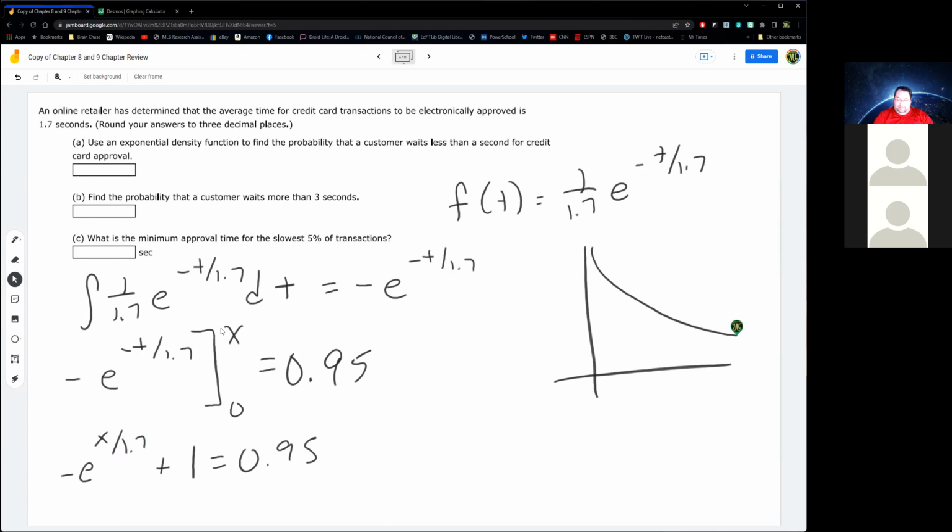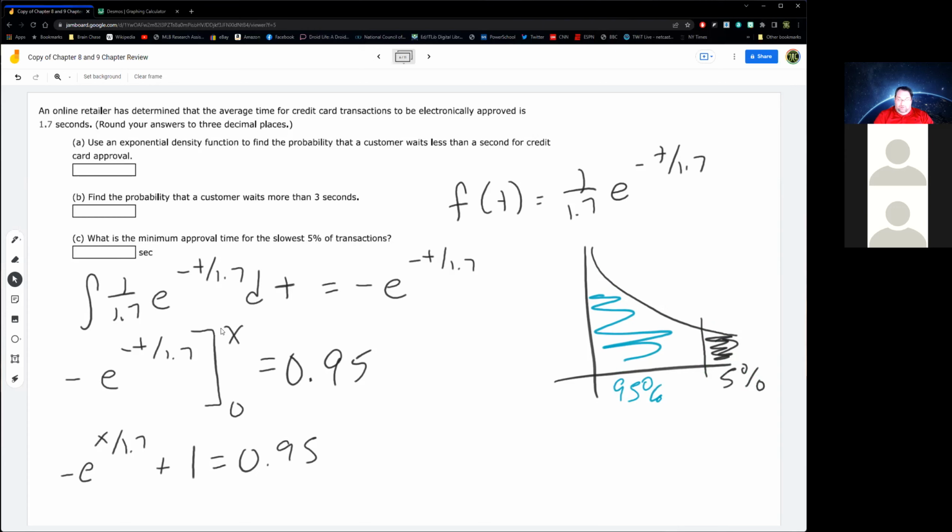Yeah, so there's my curve. I'm looking for this piece over here where that's 5%. So the piece over here, which is where I'm calculating for, is the 0.95. So then to get that piece, we do 1 minus the 95th percentile, right?